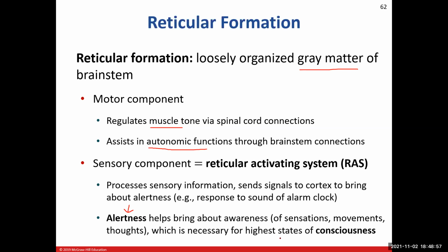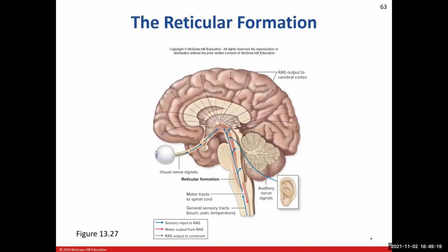So that alertness deals with your consciousness, how conscious are you? Right now, I'd like to think you're highly conscious, but come 5 o'clock or 4 o'clock in the morning, your level of consciousness and alertness will be much diminished because you're probably going to be sleeping. Which brings me into a topic of the levels of consciousness that we'll talk about in a moment.